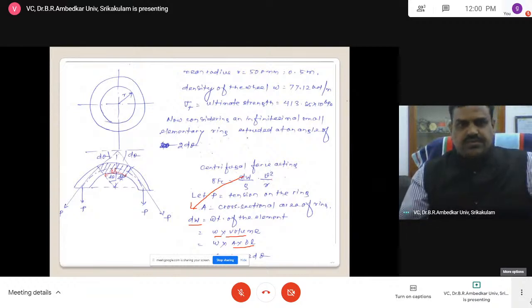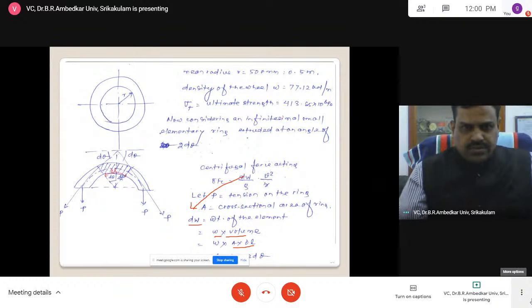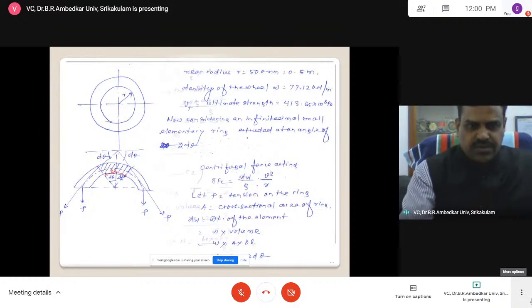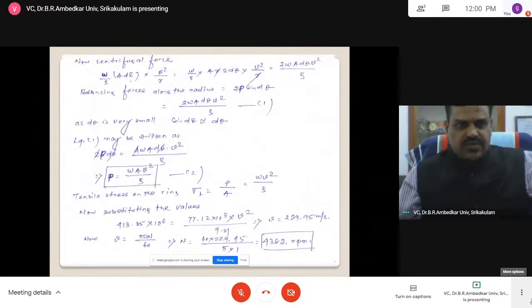We substitute mass into v square by r. This is the inertial force, and I use this expression here, v square into the remaining part. The same thing, dl is r d theta. That is the final expression.